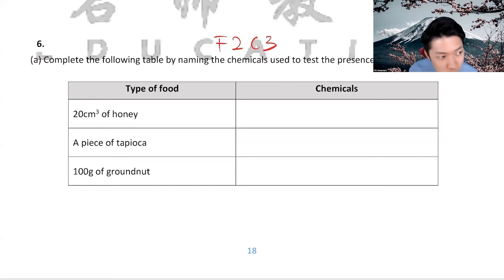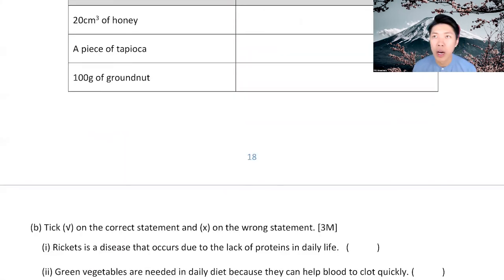So we're at Chapter 3 now and we are at food tests at the moment. As you can see here, it says test the presence of food given. When we talk about food tests, we have 4 tests, right? So let's try to revise some of them. In the meantime, go to your short notes. We have starch test with iodine.